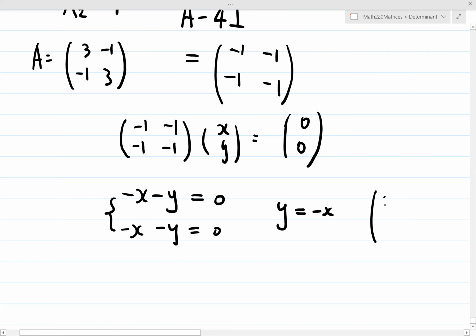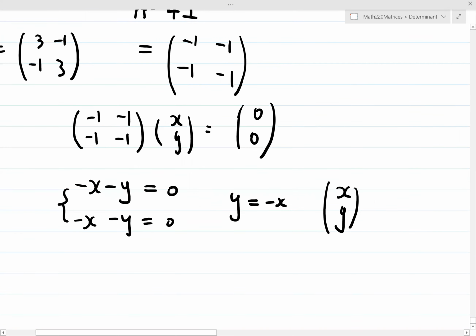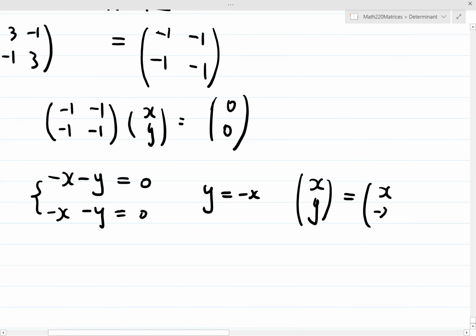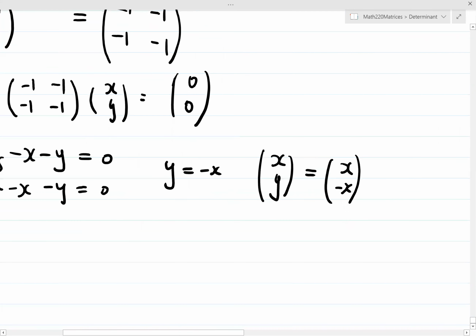So the vector (x, y) will be (x, negative x). If you factor out x, this will be x times (1, negative 1).